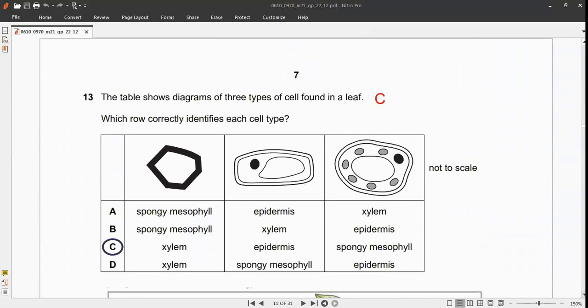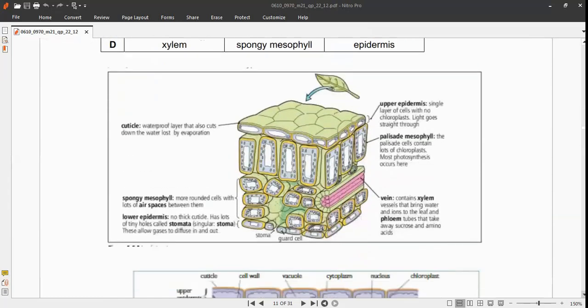Okay. The table shows diagrams of 3 types of cell found in a leaf, which row correctly identifies each cell type. Okay, let's see the diagram.